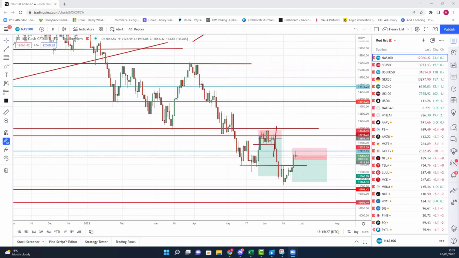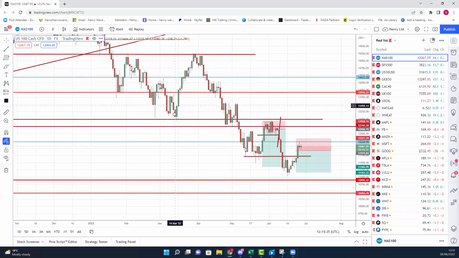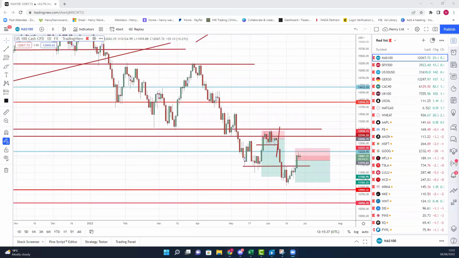Because if we look at this, we had a nice run here, which we talked about this being the upside. We had a nice little run here, which we talked about being the upside.